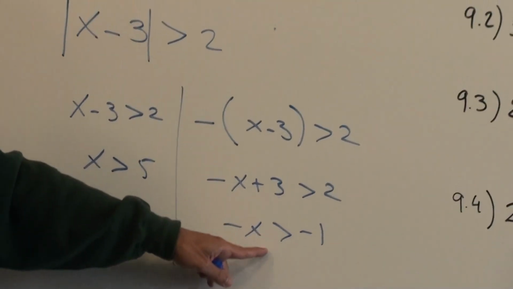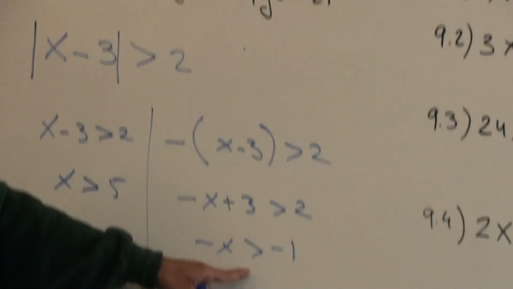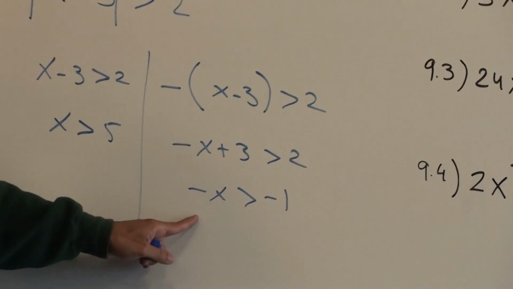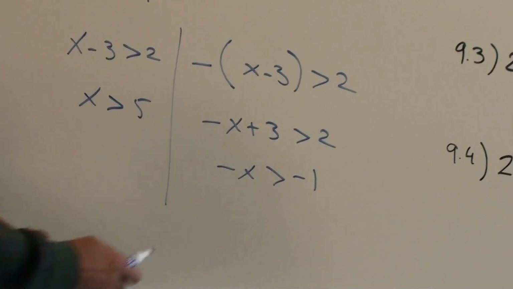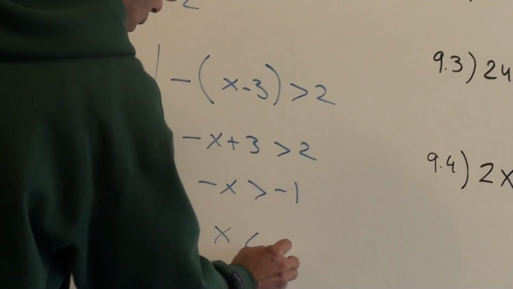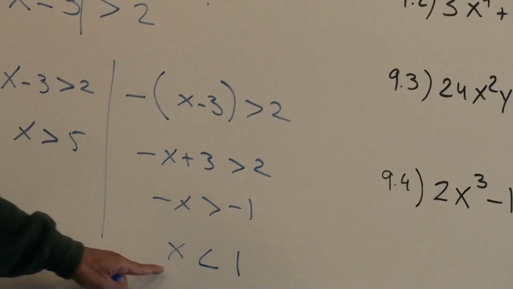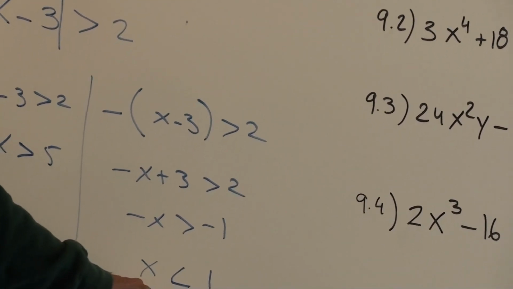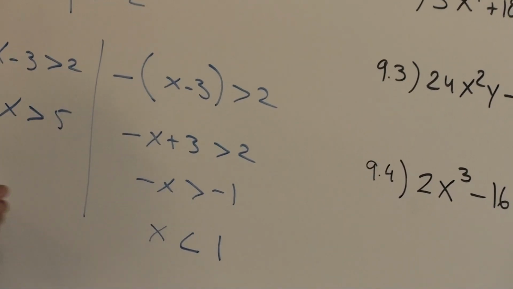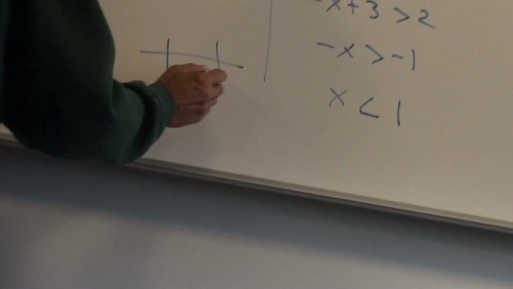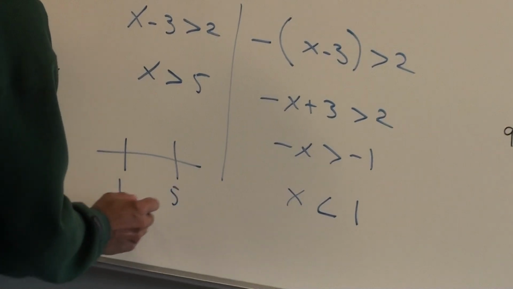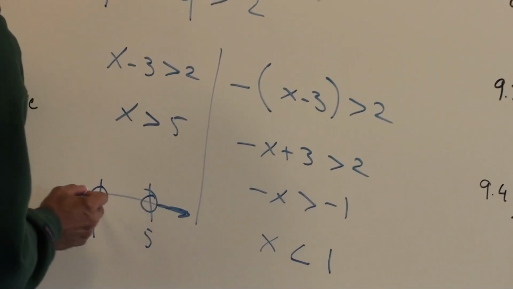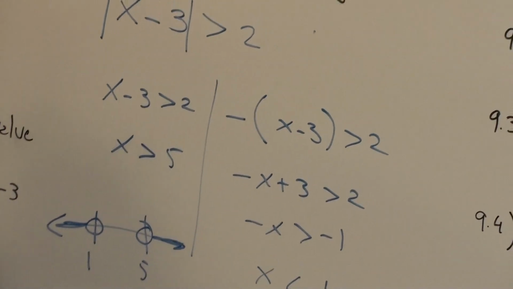Now comes another point that students fail to do, which is to flip this sign when you multiply by negative 1 on both sides. So you flip this sign, and then you have x less than 1. So here, if I were to graph this, I would put 1 and 5 here, open circles, greater than 5, and less than 1, okay?